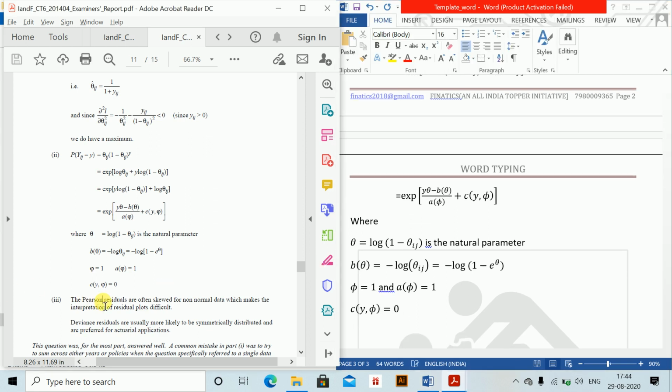Okay, and the last says define Pearson and deviance residual, which is a theory, and you can write it. Okay.